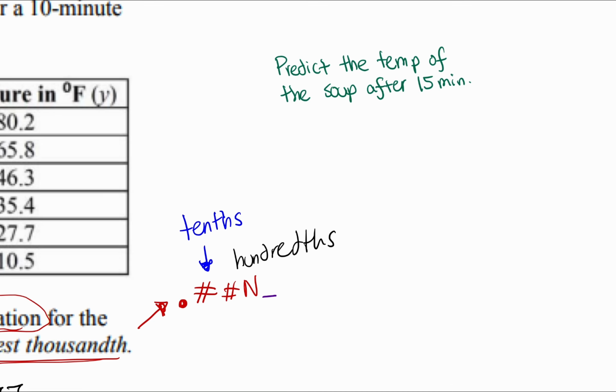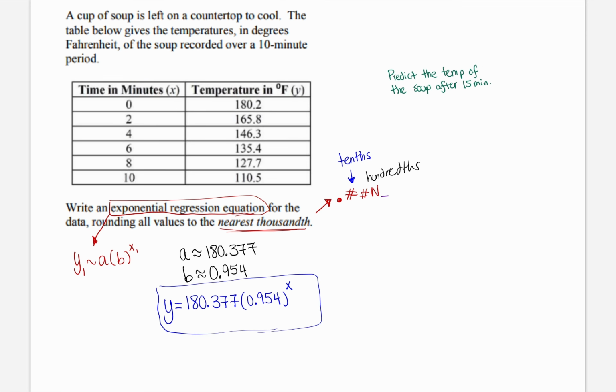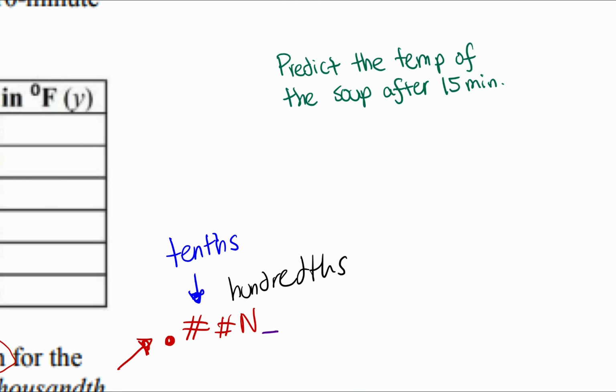So in this case scenario, keep in mind that we have already found the regression equation for the data for all future temperatures of the soup, okay? So what can I say? Well, I can say that x is equal to 15, right? And we're going to substitute this into the regression equation that we found. So I have y equals 180.377, that remains the same, parentheses 0.954, that remains the same.